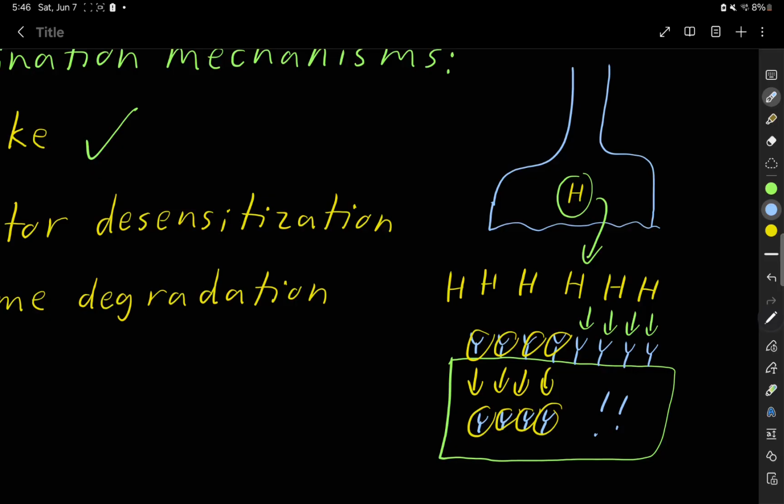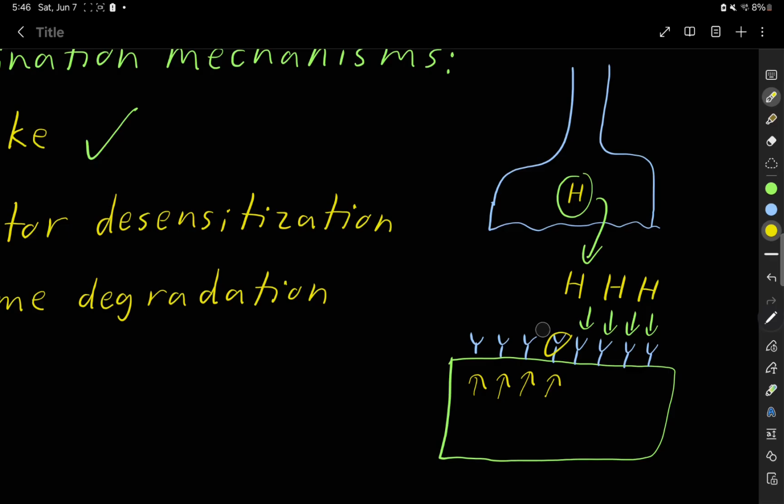And so this is an effective termination mechanism, and it's also a temporary one, because let's say after a while your histamine levels reduce, they go back down to normal, then resensitization can happen. So those histamine receptors that were pulled inside your cell can be returned back up to the cell surface, and you can go back to the original number of receptors that you once had.